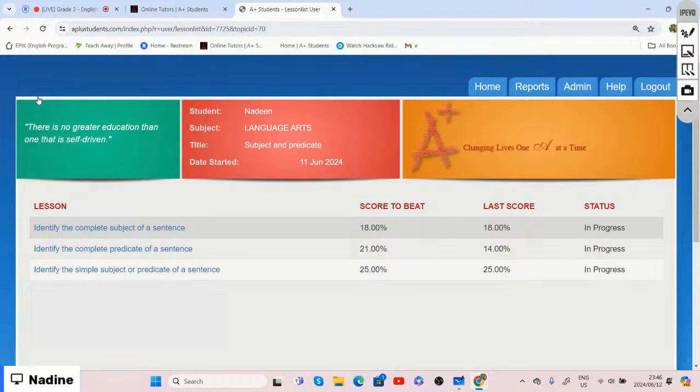All right, so that is now the end of our lesson on subject and predicate. We said that the subject tells us either who or what is doing something. A predicate tells us the action that the who or the what is doing, which is the verb. Today we did the simple subject, which is only the noun or the pronoun within that sentence.